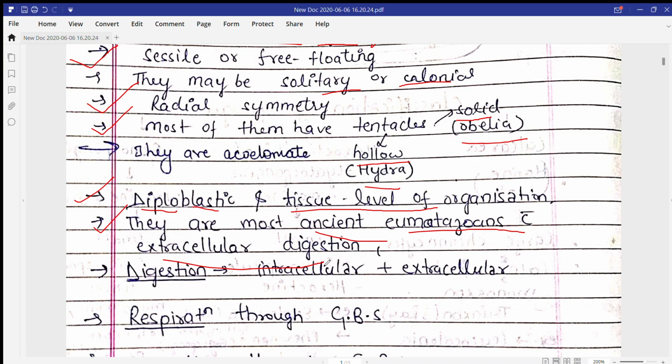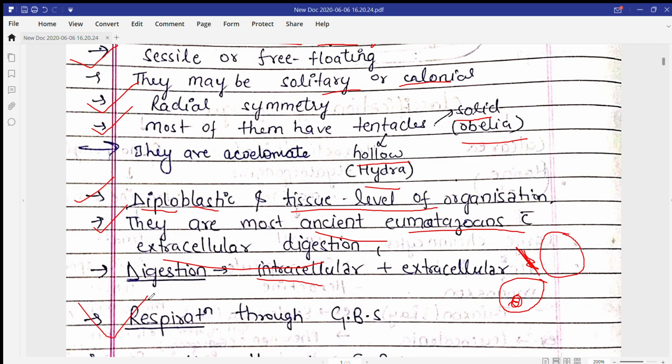That means the digestion takes place outside the cell. Consider this is a cell and this is another cell; digestion takes place here, outside the cell. They can also show intracellular digestion, which means digestion can take place inside the cell.